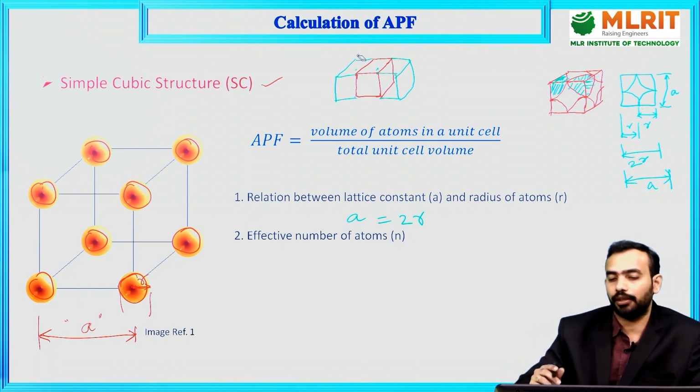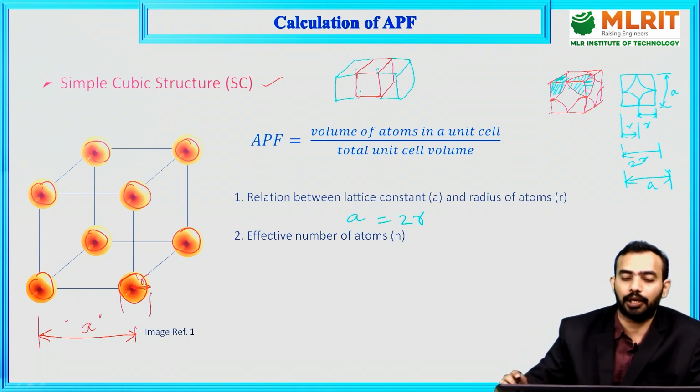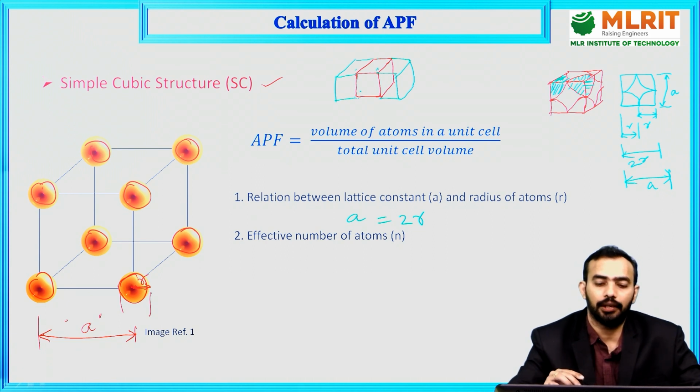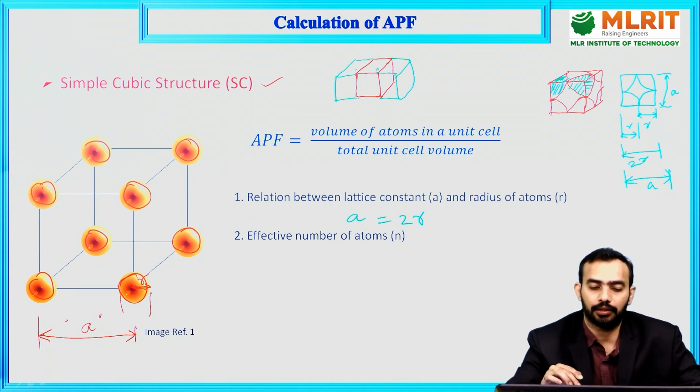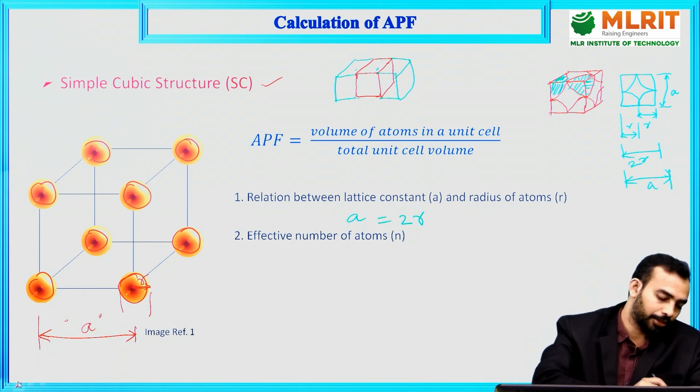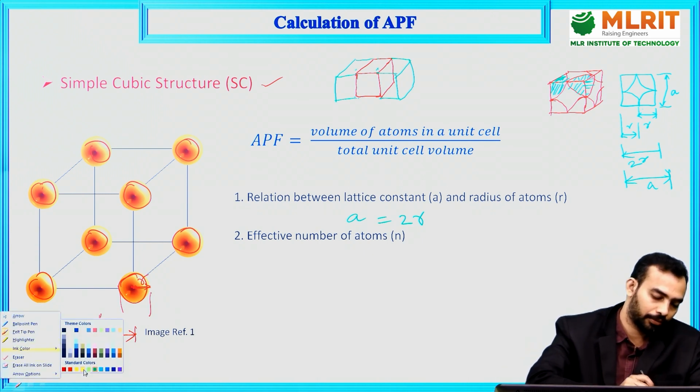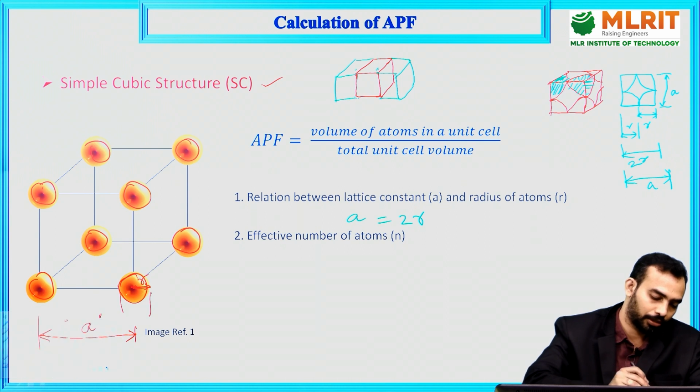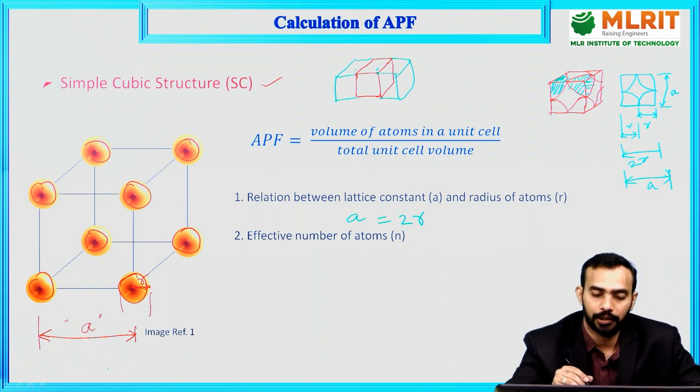So if you look, this unit cell has an adjacent unit cell as well. So where is my atom? Let me take this blue color, and I have placed one complete atom at the corner, right? This atom is shared with this unit cell and this particular unit cell.